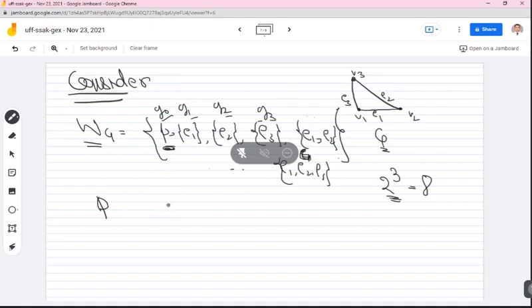Now, here g naught is nothing, it is phi. Now the question is how to write this graph. So you can see the number of edges in this graph is 3, E1, E2, E3 is given.